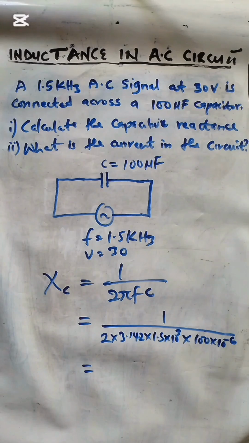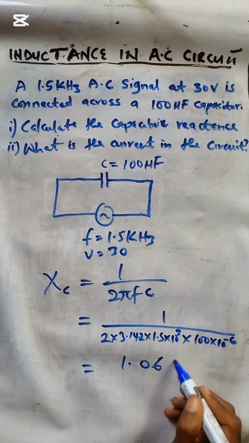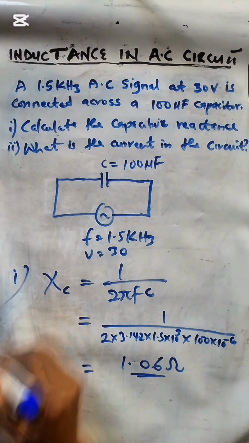When you press your calculator, all these will give you 1.06 ohms. So this is the first part of that question.